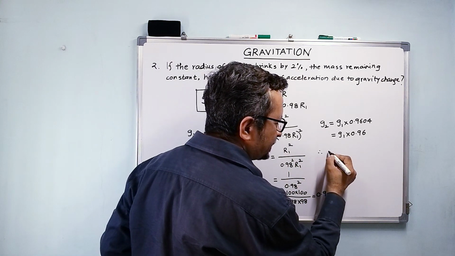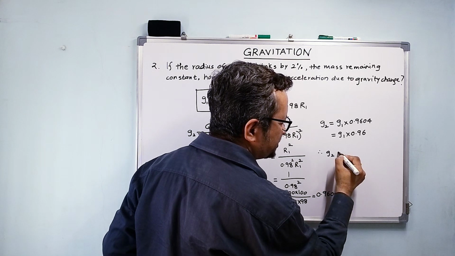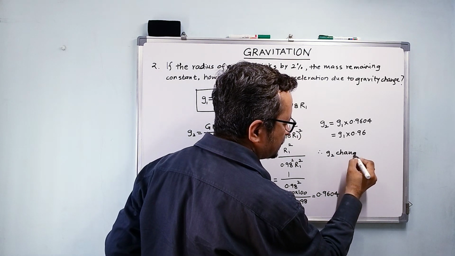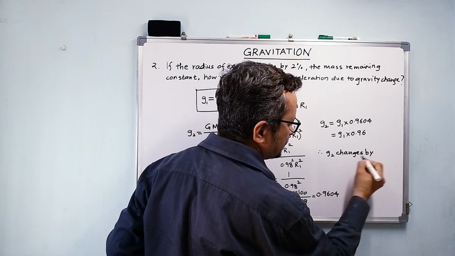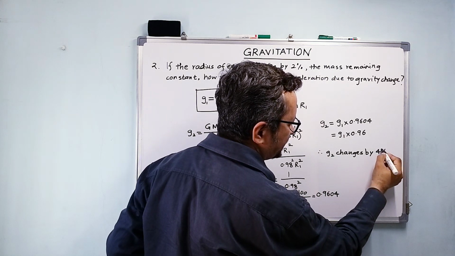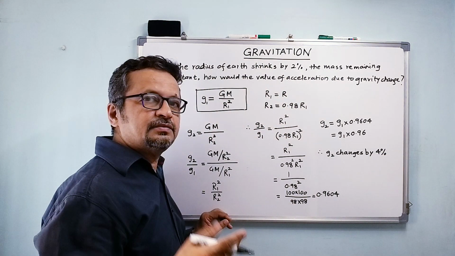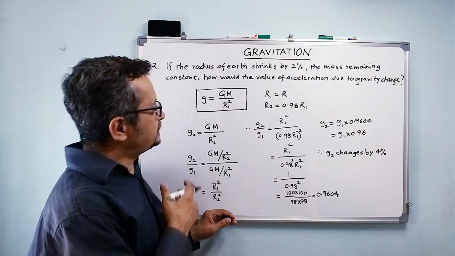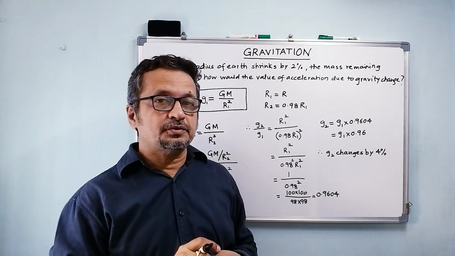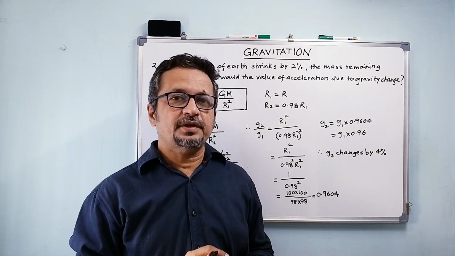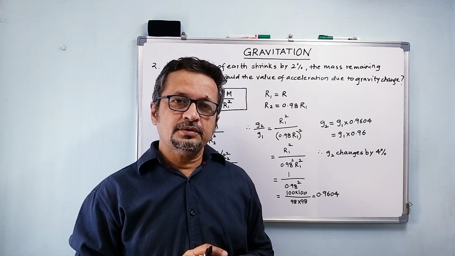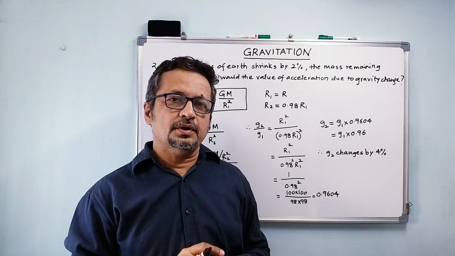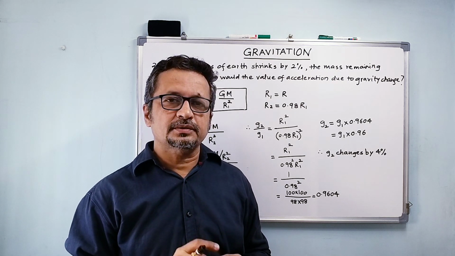Therefore we can say g2 changes by 4%, and that matches with what we did earlier, correct? So that is how the acceleration due to gravity changes with change in radius. In the next videos, we are going to do a few more problems. Thank you so much.